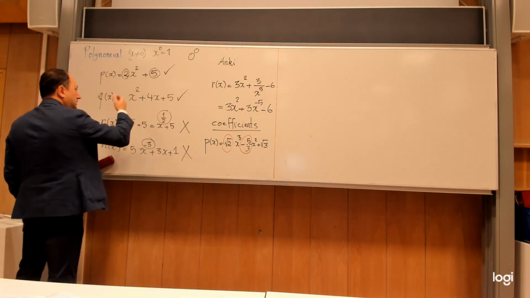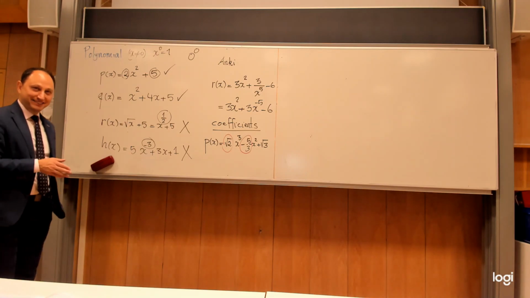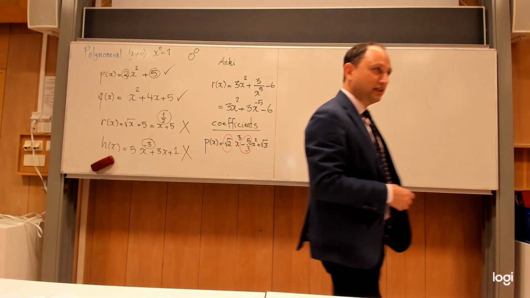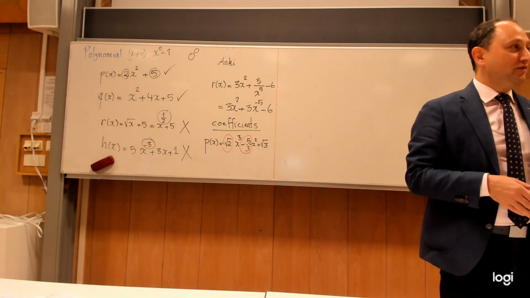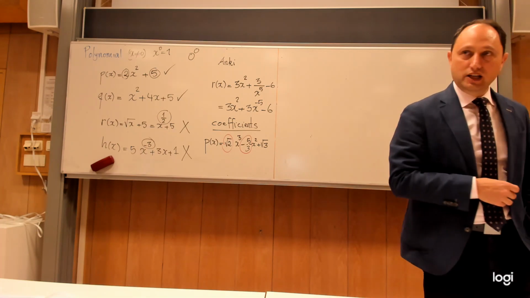Second degree. You are right, but it's grammatically wrong. What is the degree? 2. You should say that this is a polynomial of second degree. When I ask you what is the degree, you just give me the number. That's 2, that's completely okay.